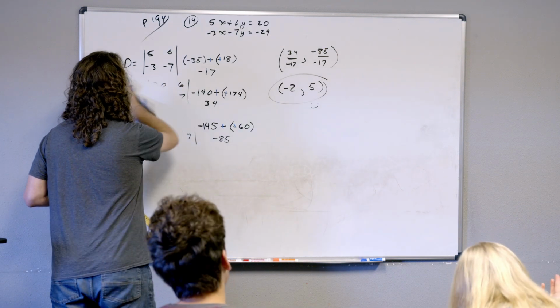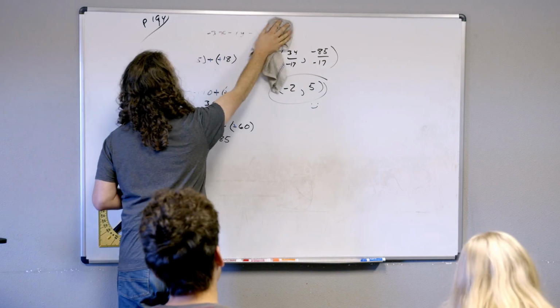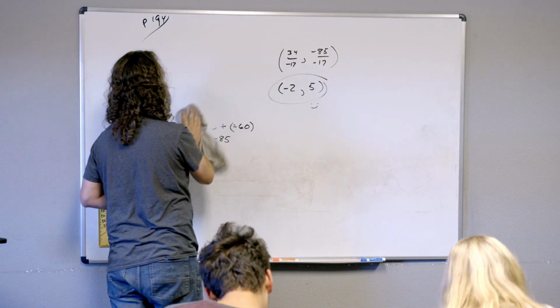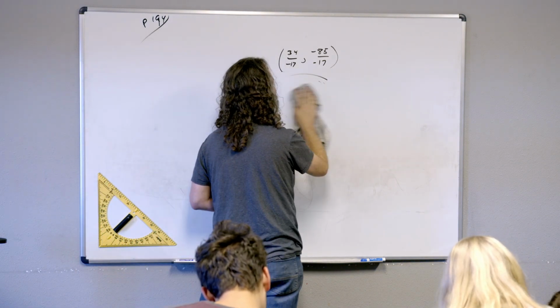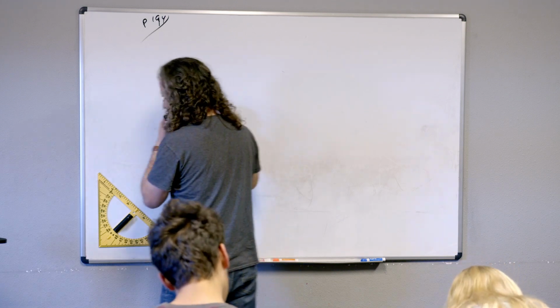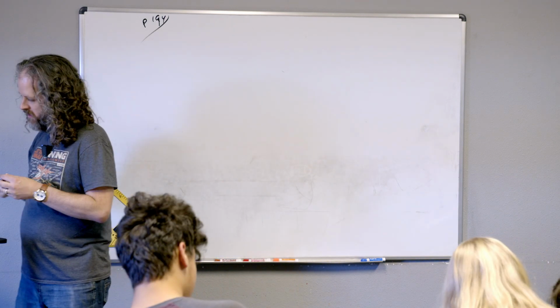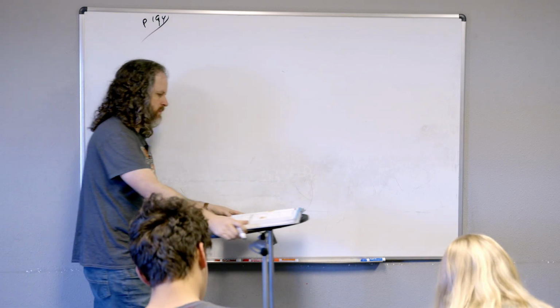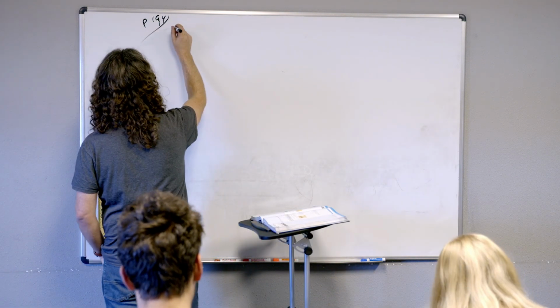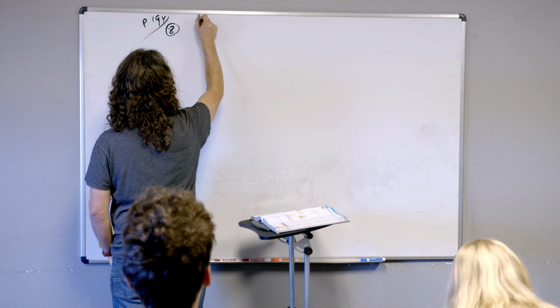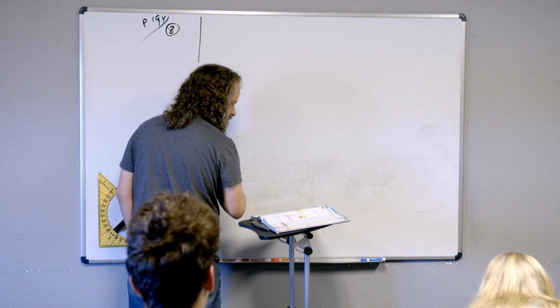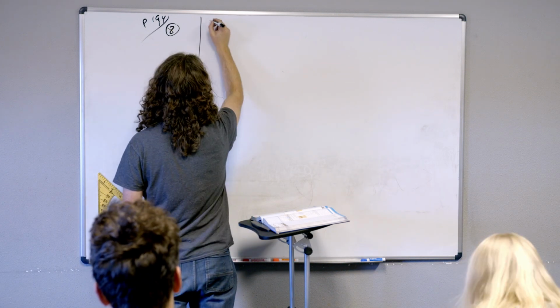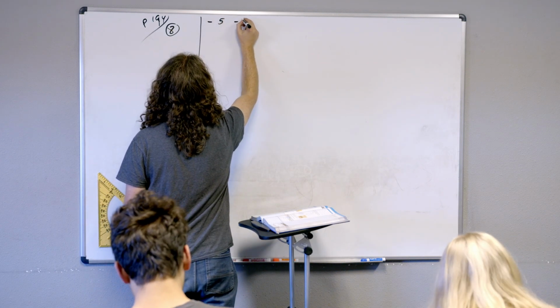Took the wrong steps, forgot your negative, and somehow got the right answer. We had 188 divided by 17 and somehow got negative 2. I don't know. I have the right answer.